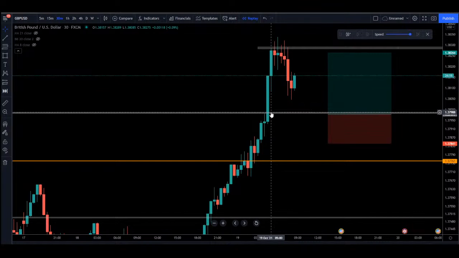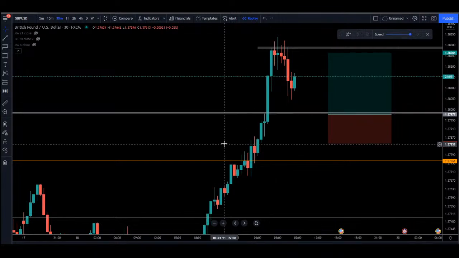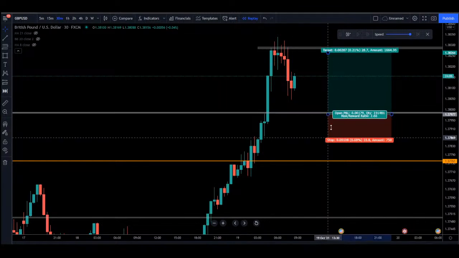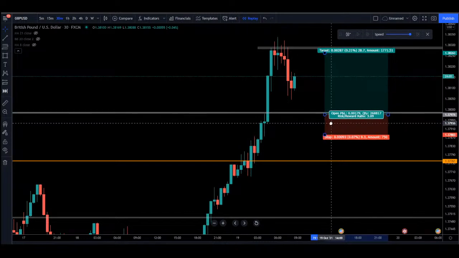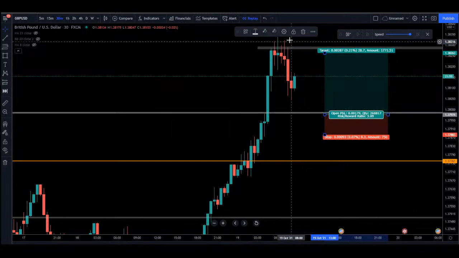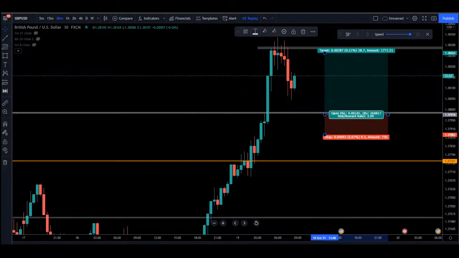That depends on your approach. I have a more conservative approach. If you want to trade immediate breakouts, do it, but I personally do not recommend it. I recommend just the breakout and retest method. Okay, makes sense. All right, guys.